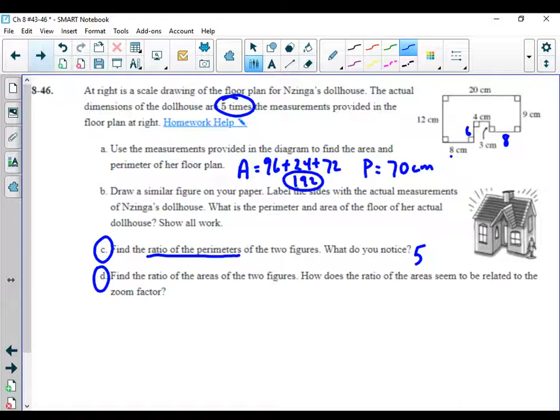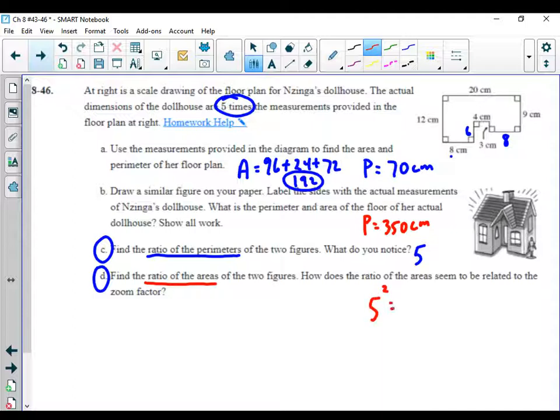So that means when you did the perimeter of your new figure, it should have been 70 times 5, or 350 centimeters. Where you show the areas. Well, we've done a few examples now where we talked about, well, the ratio of the areas is really the scale factor squared.